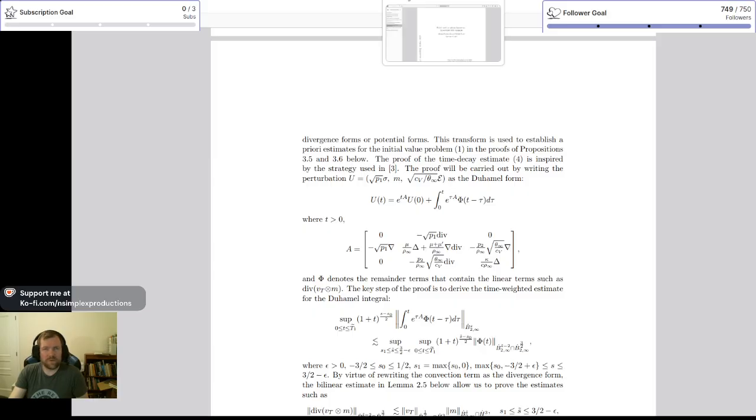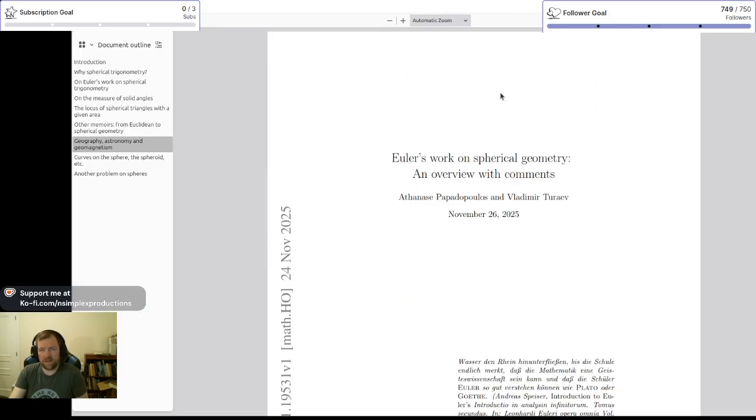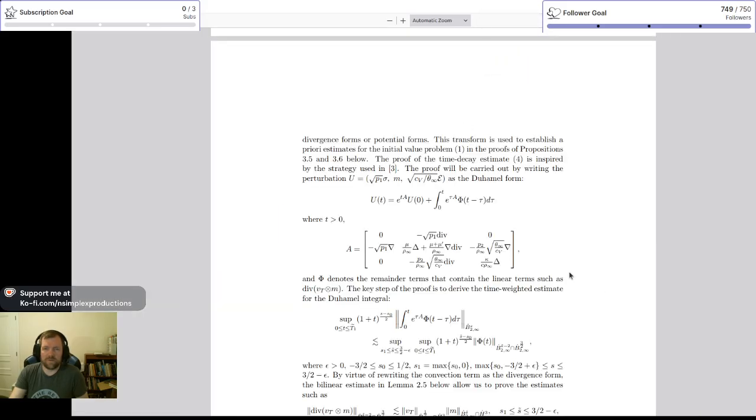Yeah, no, we were doing some nice history stuff back here with Euler doing spherical geometry, and now we've got to the stability of Navier-Stokes-Fourier systems, which is way beyond my pay grade, but nonetheless, it's fun to sometimes look at some stuff. I mean, it is fun to sometimes look at some stuff and be like, imagine if I actually understood what this meant.